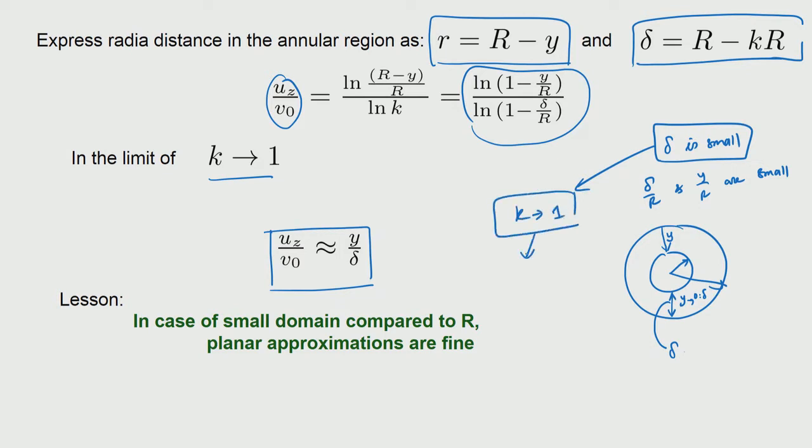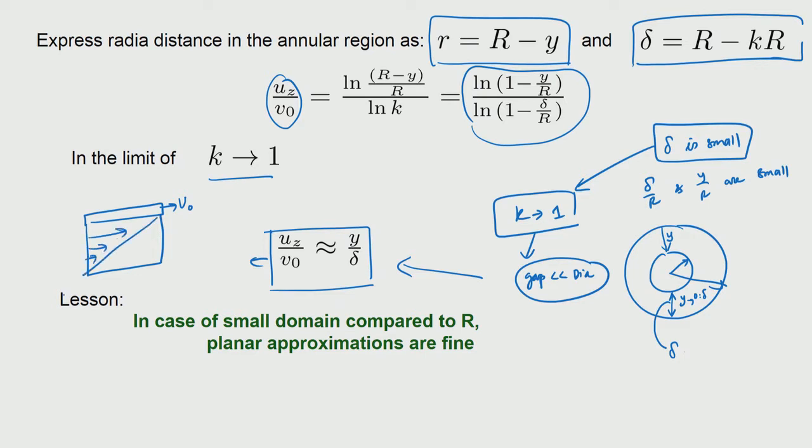This actually is the same as the gap is very small compared to the diameter. So, under these situations we can see that the velocity profile can be given by a linear relationship, but we already know this solution. We already know that this solution is applicable for a problem that we have originally looked at. Okay. So, this is for a problem that we have already come across.